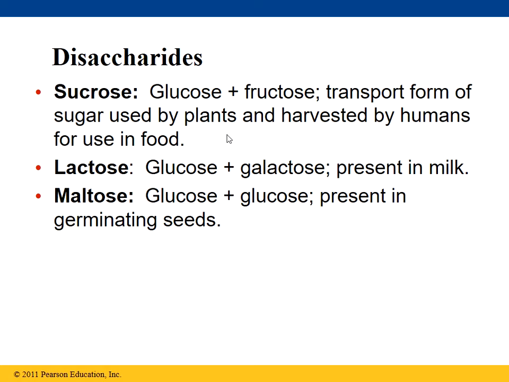Cane is the stem of the plant, and that's where we have the most sucrose because it's a transport form of sugar, which means when a plant makes its own sugar through photosynthesis, and that usually happens primarily in the leaves. But all cells, just like all our cells, need carbohydrates, same with plant cells. So the way they get it to the rest of the plant is through the stem. And that's why we harvest the cane, or the stem of the plant, to get the most sucrose.